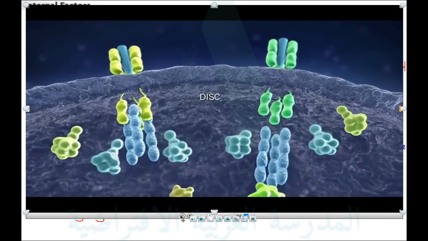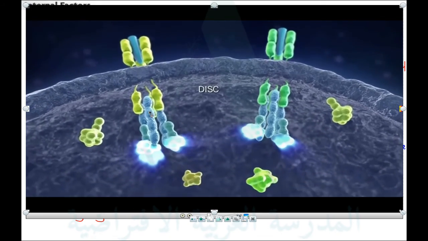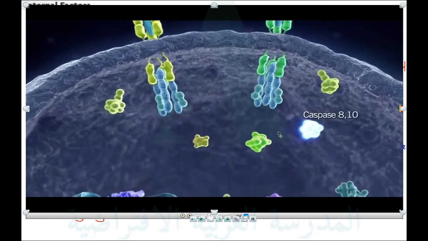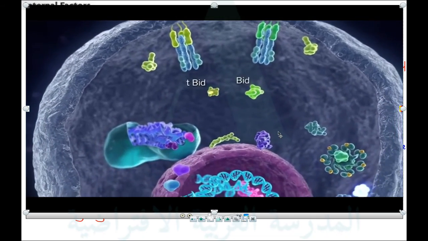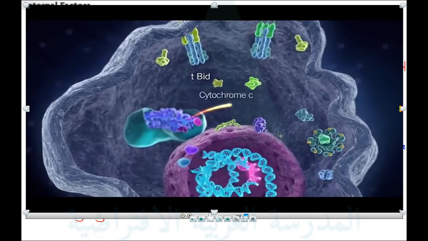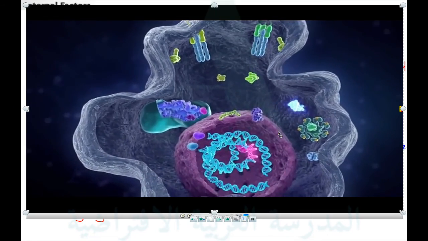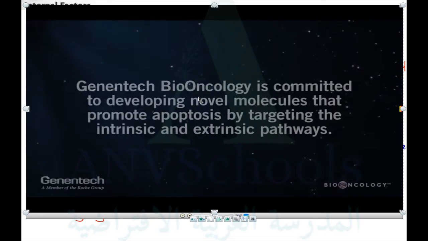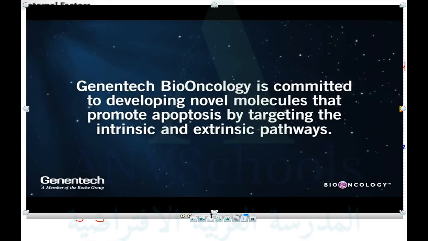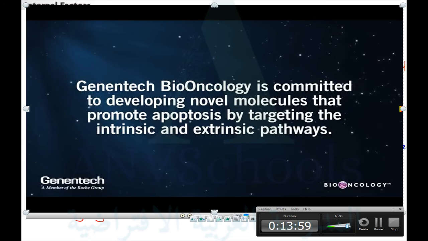If it attaches on that site, it leads others to attach here, and this leads to release of chemicals that bind with others and lead also to programmed cell death, which we are calling apoptosis.